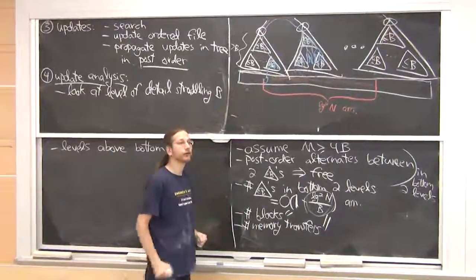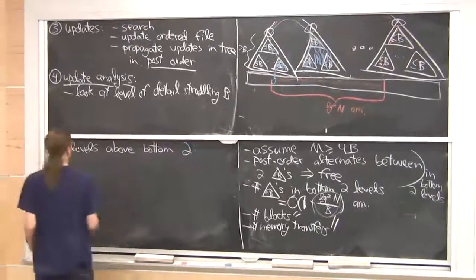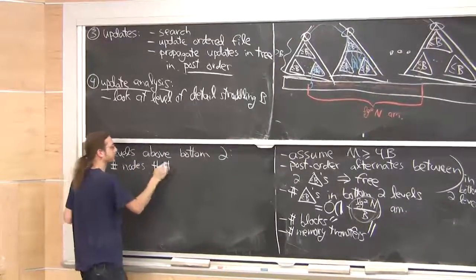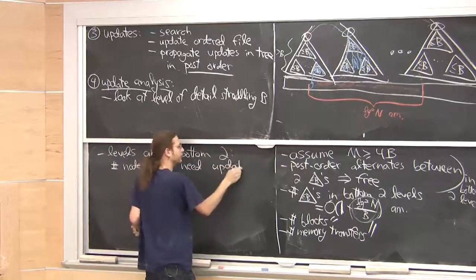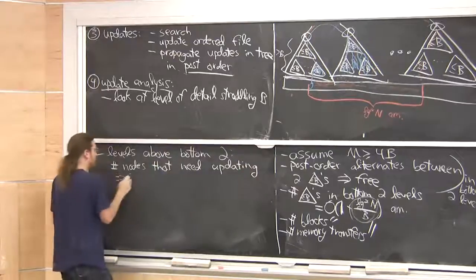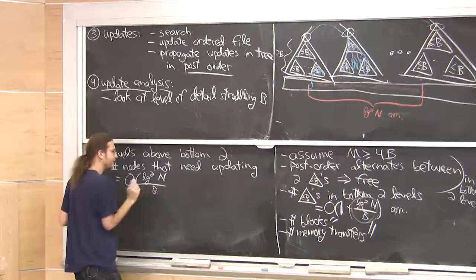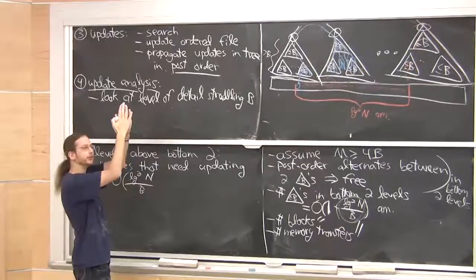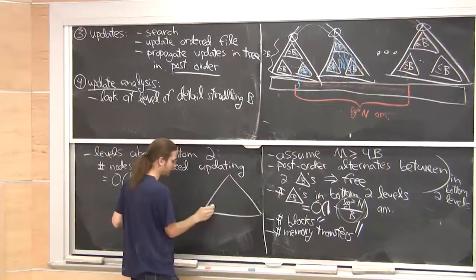For those nodes, I could afford to do an entire memory transfer for every single node. Okay, so the number of nodes that need updating, those are ancestors, is order log squared n over b. That's the number of leaves down there. At some point, you reach the common ancestor of those leaves. That tree, so here, draw a big picture. Here's the bottom 2 layers.